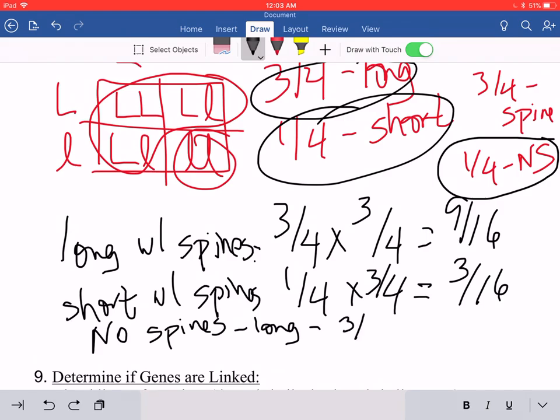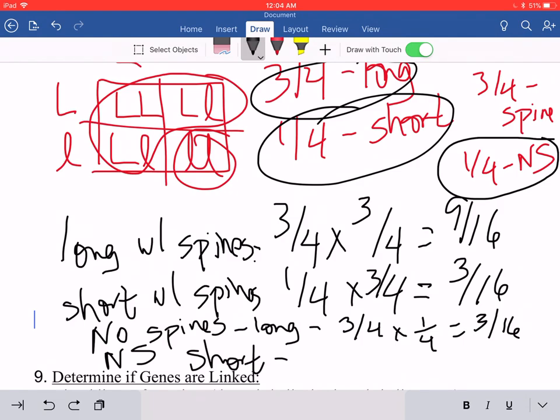So 3/4 times 1/4, 3/16. And no spine and short would be 3/4 times the same, that the short, which is 1/4. Okay?